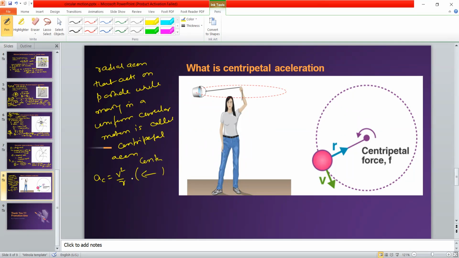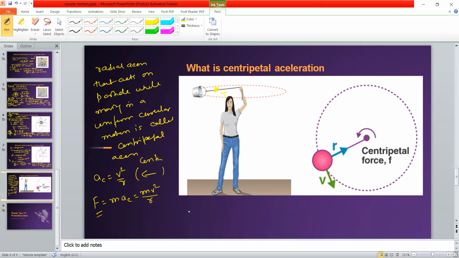Centripetal acceleration is always caused by some external force, because if there is an acceleration, there has to be some force. The force is mass times AC, so mv square by r. This is called centripetal force. We'll discuss centripetal force in our next session on circular motion. Now, if this girl is rotating a bucket in uniform circular motion, the force acting towards the center is the tension.